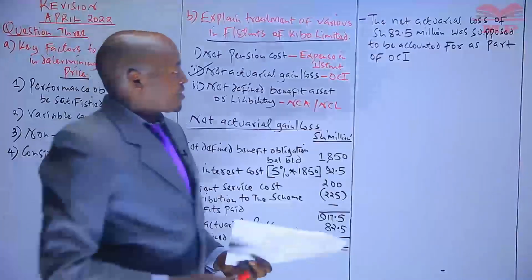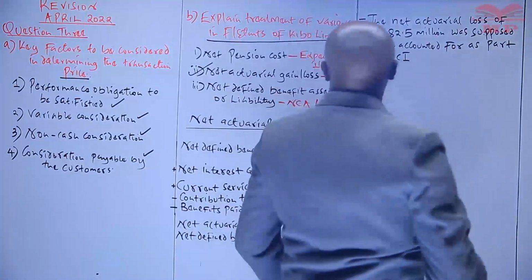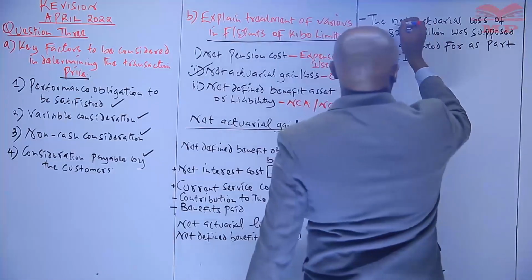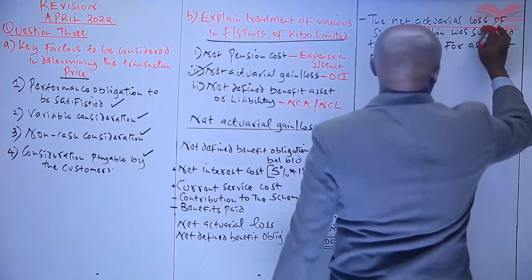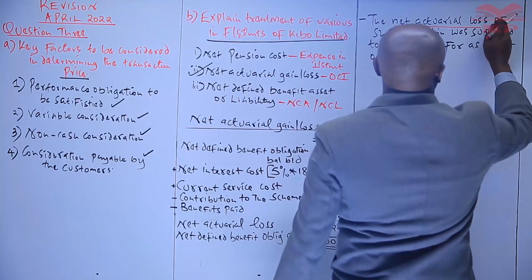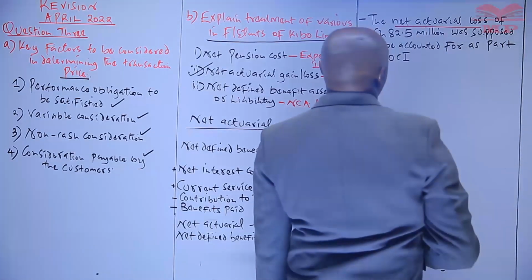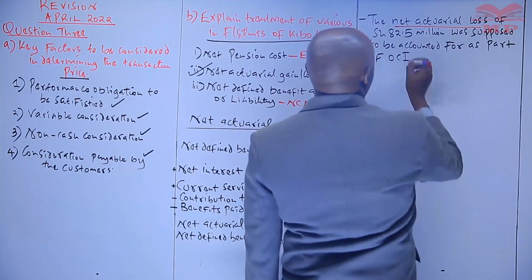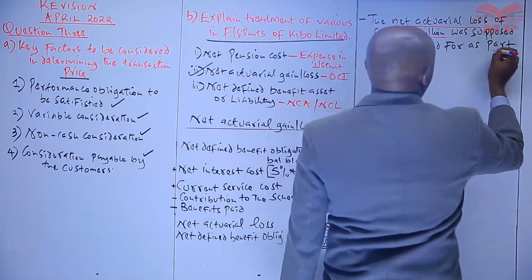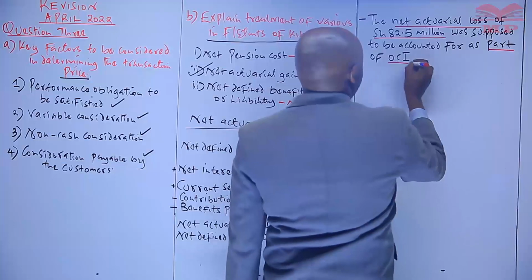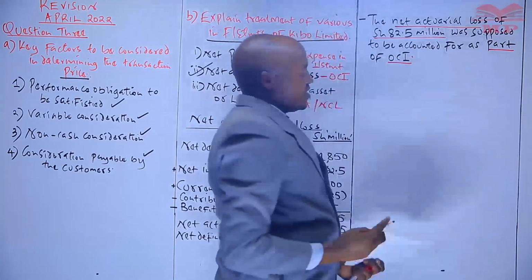So that is the explanation which was required here, that the net actuarial loss, this figure which you have computed here, of 82.5 million was supposed to be accounted for as part of other comprehensive income.